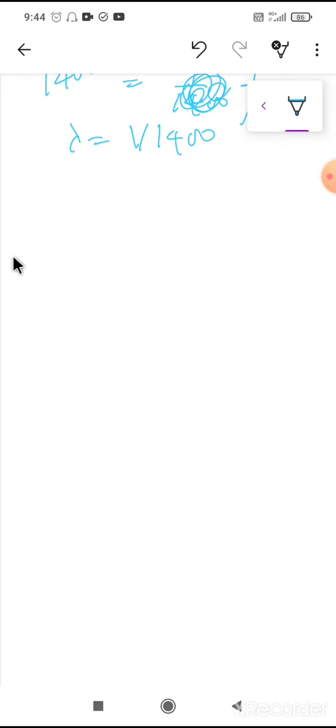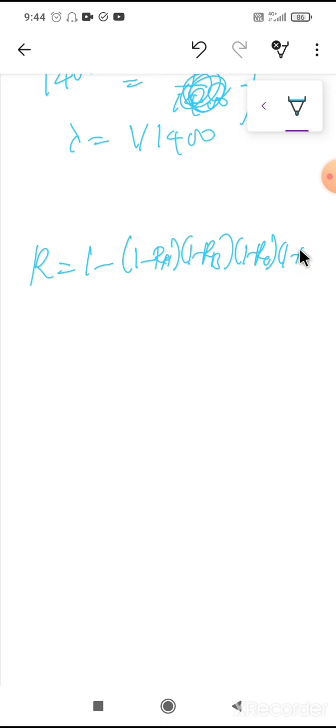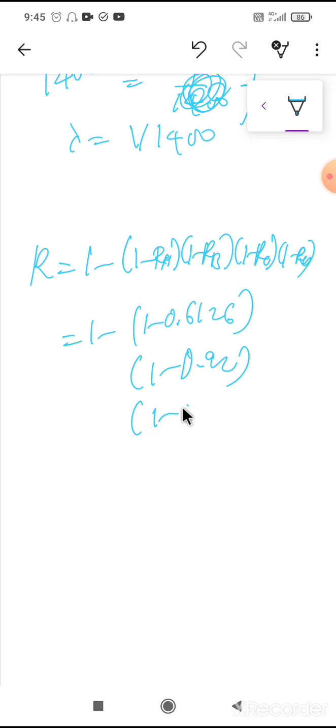We know that the system reliability R is equal to 1 minus RA into 1 minus RB into 1 minus RC into 1 minus RD. It is multiplication of the failure probabilities. So it is 1 minus 0.6126 into 1 minus 0.92 into 1 minus 0.6065 into 1 minus 0.85.